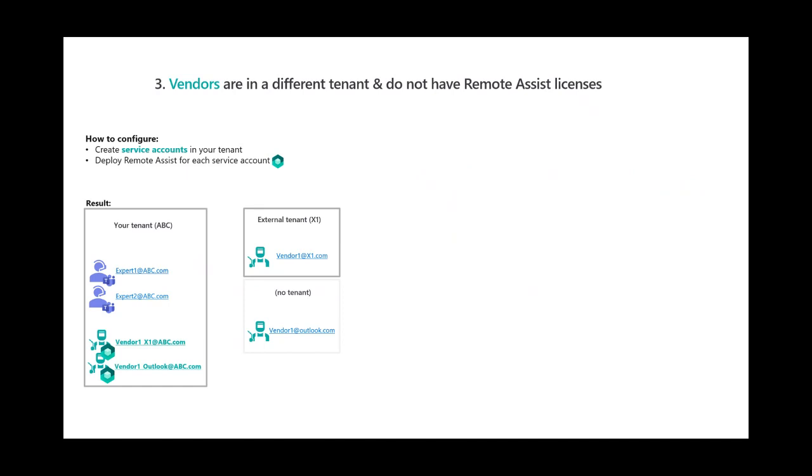But again, when you're using service accounts, and particularly when you're enabling another company to use your Remote Assist license, you should definitely talk to your Microsoft sales representative to make sure that you're appropriately licensing it.